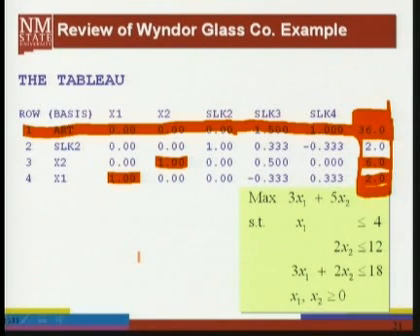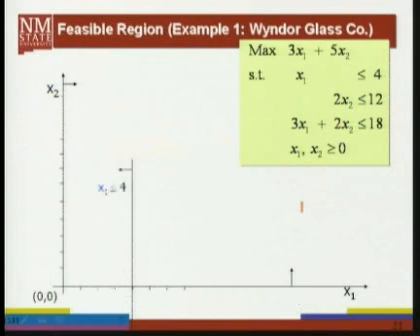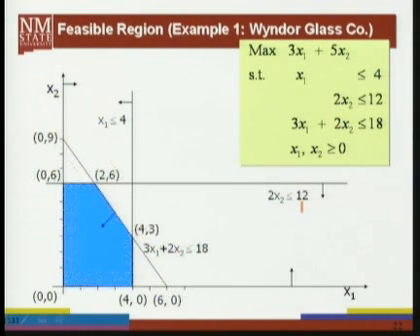Okay, now let's find out where the optimal point is using the graphical method that we've learned before, okay? Here, the blue colored area is the feasible region of the window glass example. And in this feasible region, how many extreme points do we have? 5, right?